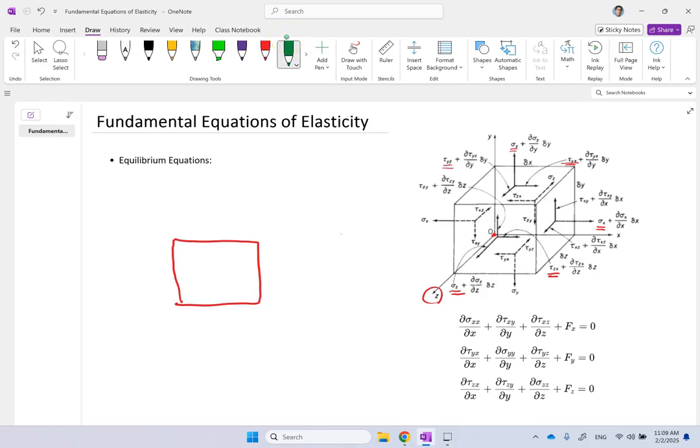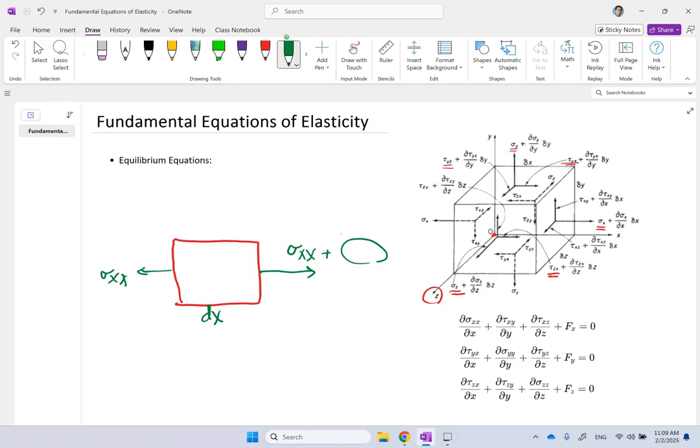And then remember, the faces are perpendicular to the x-axis. So if this one is sigma x, when you move a distance dx, this one is not going to be sigma x as well. This is going to be sigma xx plus some extra term. Now, what extra term?